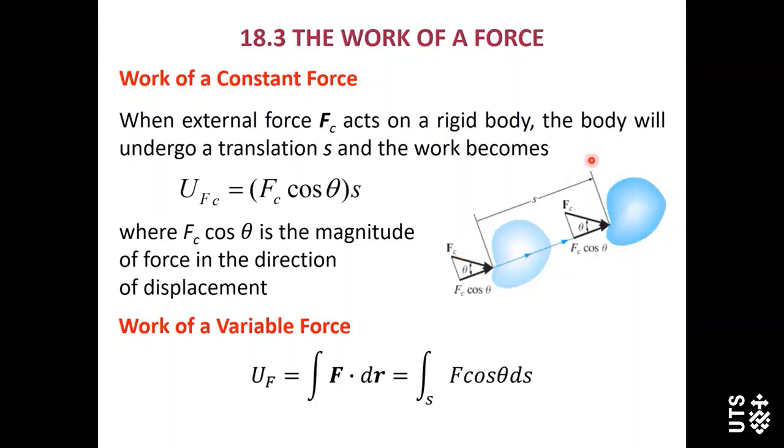This rigid body undergoes a translation from its initial position to the final position, and the displacement is S. Okay, to calculate the work done by Fc, firstly, we must resolve Fc to the direction of this displacement.